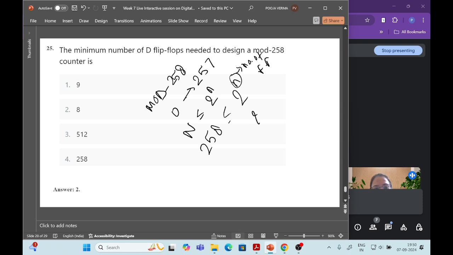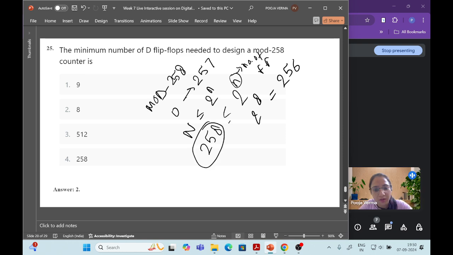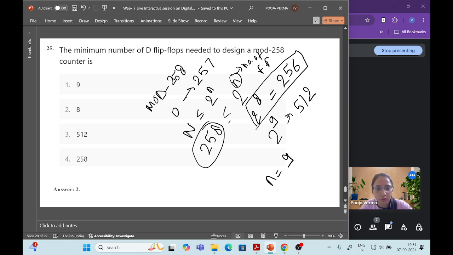2 to the power 8 is 256. In that case, it will not be able to count the last two states. So we must take 2 to the power 9 so that it can count all the states. So n must be equal to 9. If we take 8, it will count only 256 states, 0 to 255.